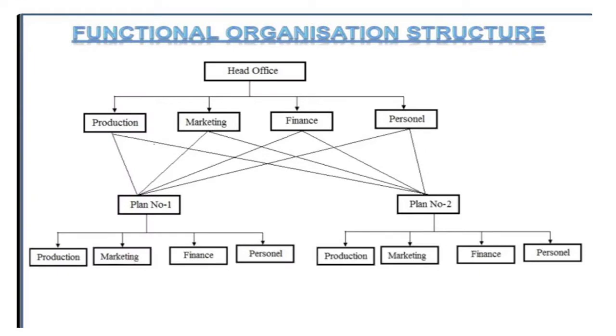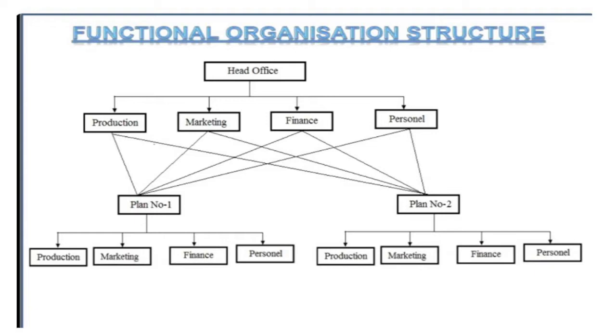Look at the functional organization as I told: production, marketing, finance, and there are two plants, plant 1 and plant 2. The general managers were looking after plant 1 production and plant 2 production. The general manager production has a plant 1 production manager and a plant 2 production manager. Take a cement manufacturing concern, L&T, Microtech, I think.